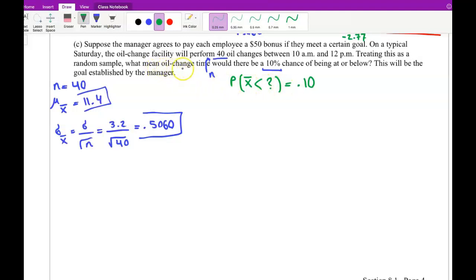So what mean oil change time would there be a 10% chance of being at or below?